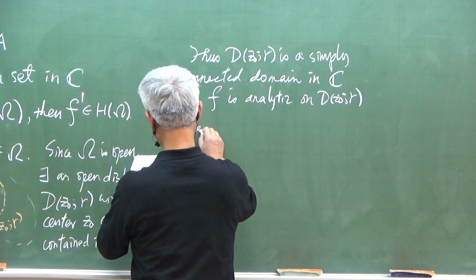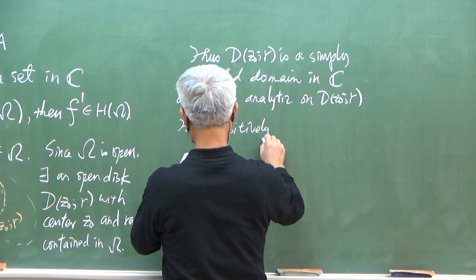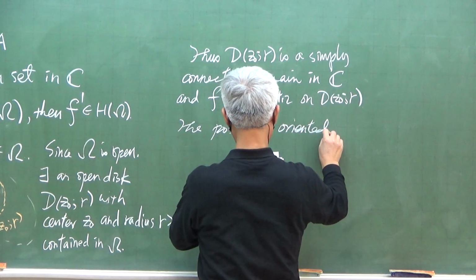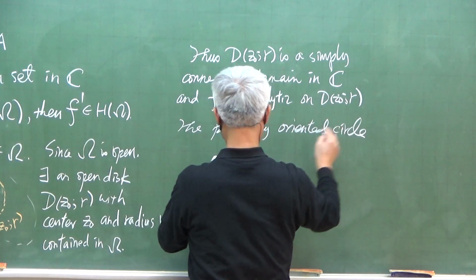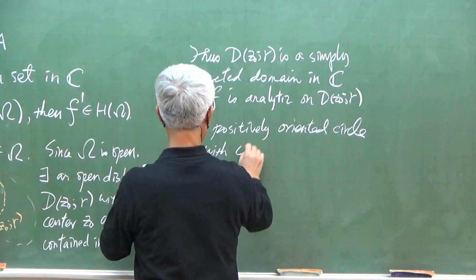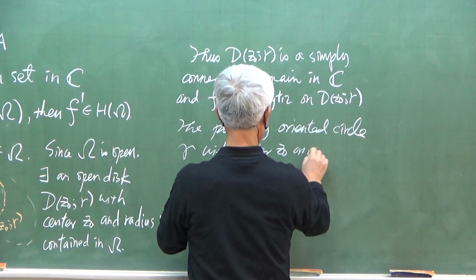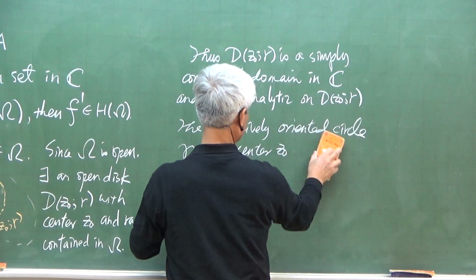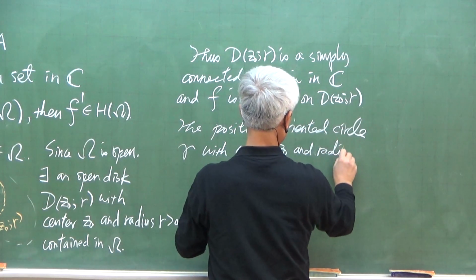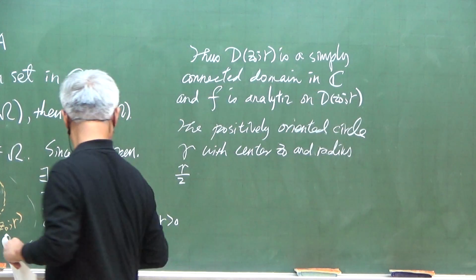So the positively oriented circle, with the center z0 and the radius R divided by 2. Okay, so this is gamma.